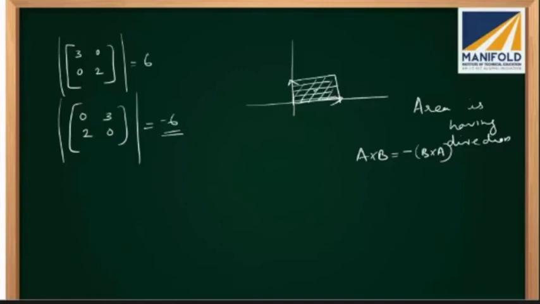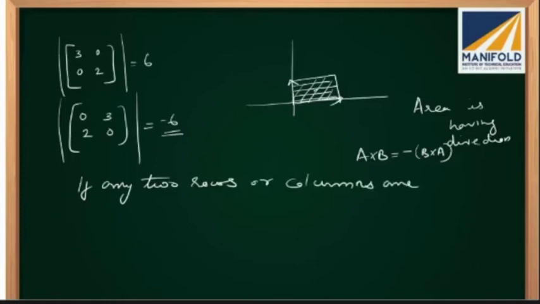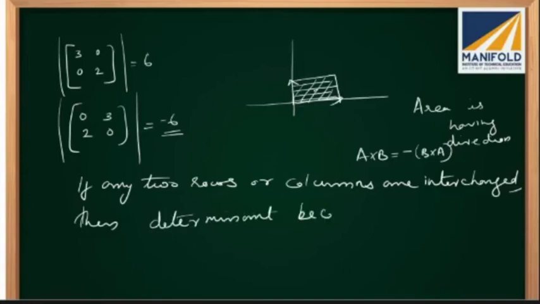That is what is happening if you interchange two rows or columns. Similarly, another point, so I'll write that point here. If any two rows or columns are interchanged, then the determinant becomes the negative of the same value.